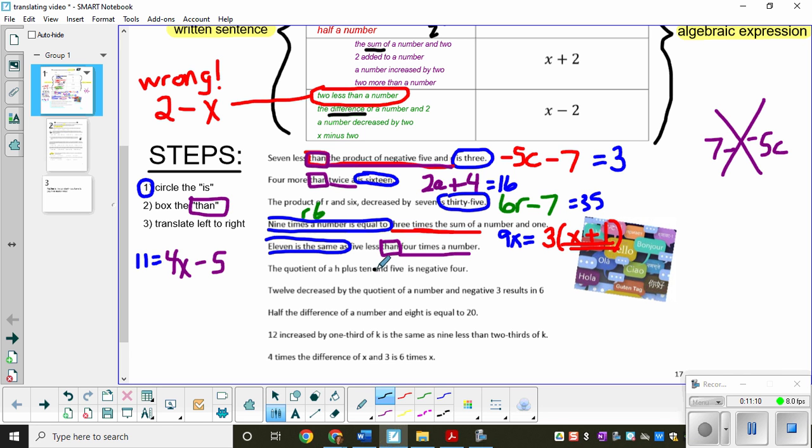I want to get rid of the and 5. This is my mistake. Let's scratch this out. Okay. All right, so the quotient of a number and h, now plus 10, is negative 4.